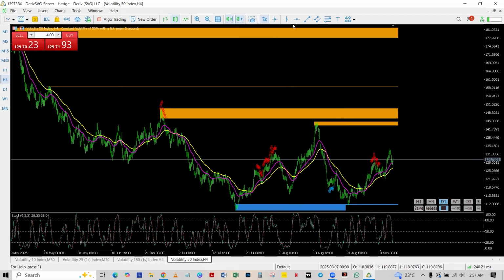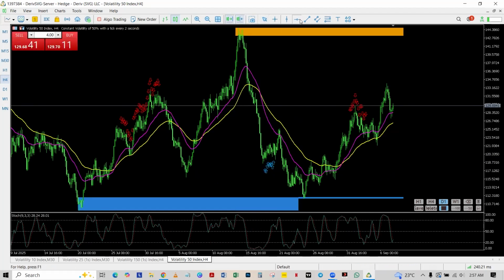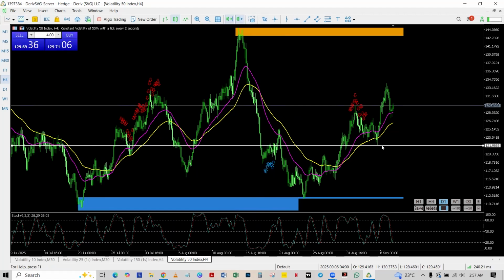But at the moment, the criteria for price to drop lower and for me to start to consider an entry is if the price breaks this support here. So if price breaks this support here, then I'm certain that the market is ready to move lower.